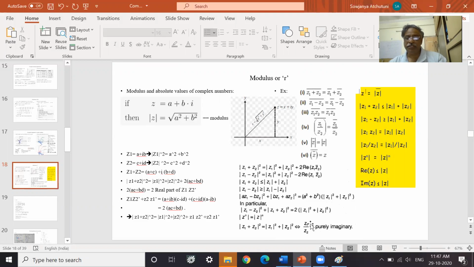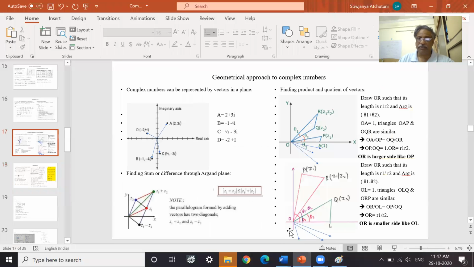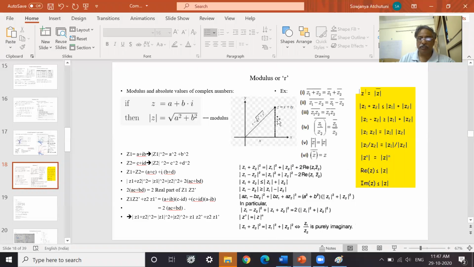Z1 by Z2 is imaginary. That means they are 90 degree. See, when this will happen, mod of Z1 plus Z2 whole square is mod of Z1 square plus mod of Z2 square. Let us understand this. Let us assume this is Z1 and this is Z2. So what is mod of Z1?